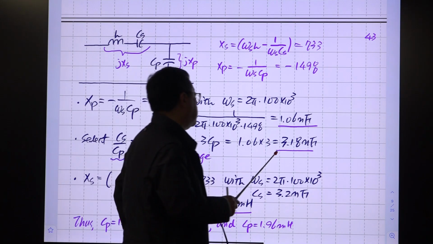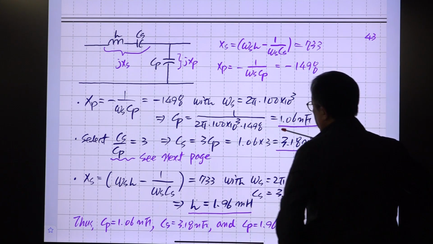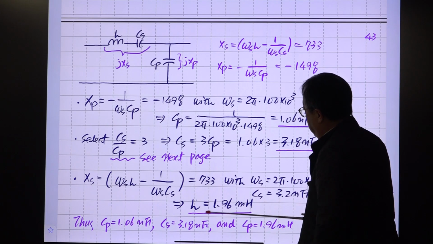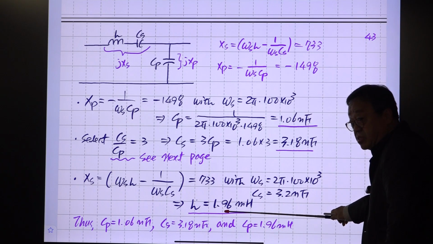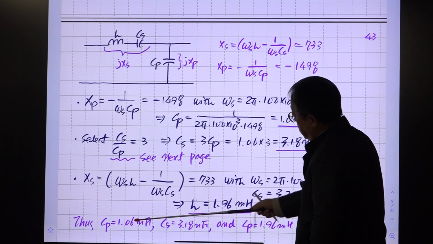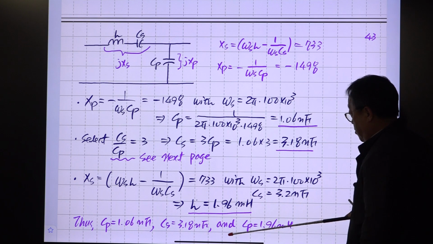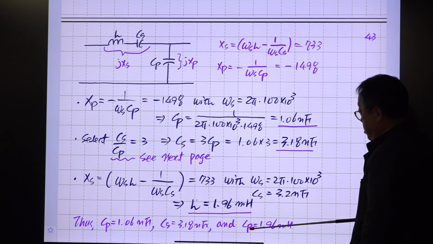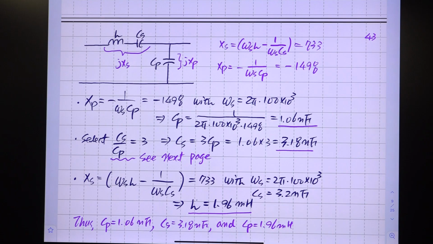From this, L is determined like this. So we selected all three tank circuit components: CP, CS, and L.